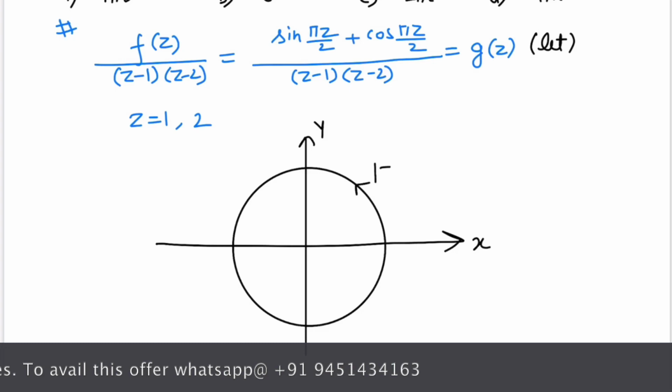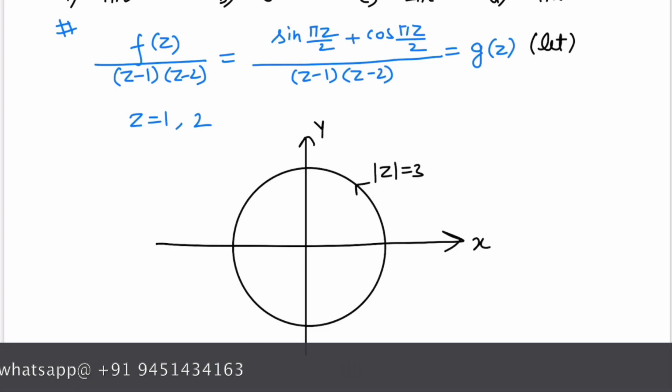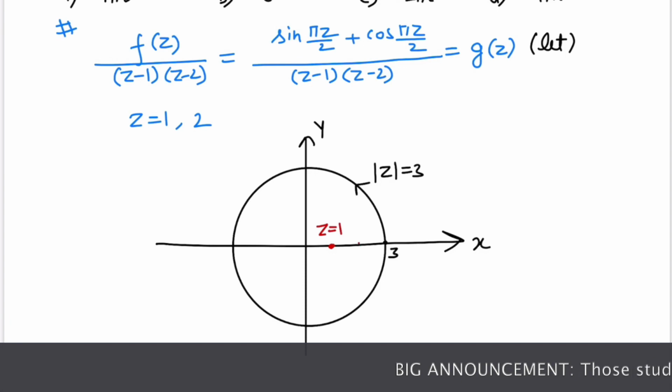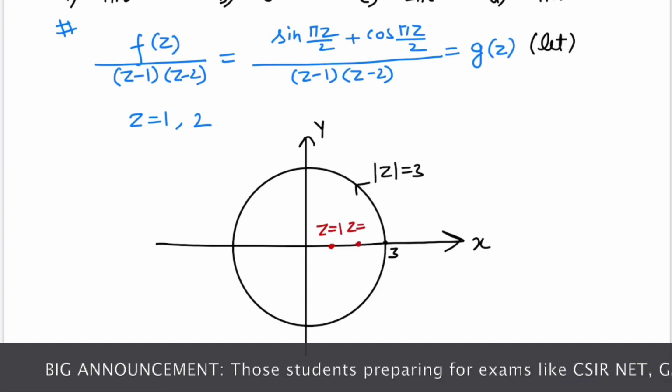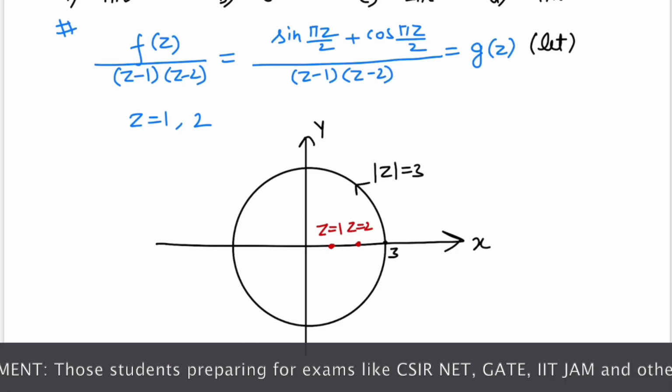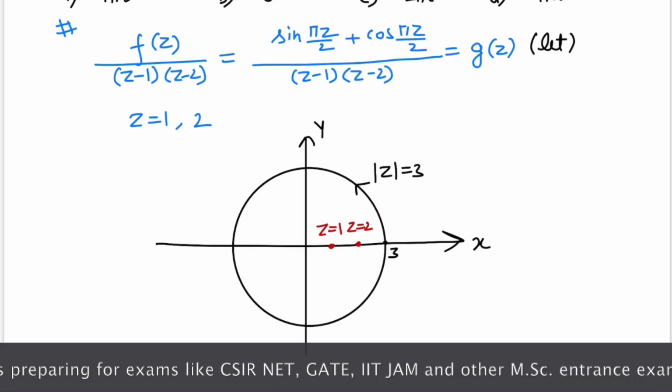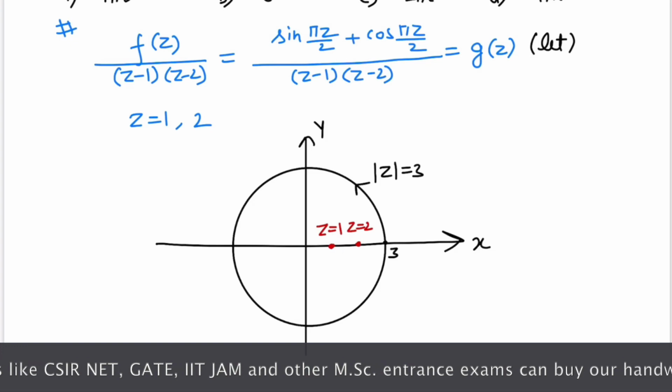This circle is modulus of z equals to 3. Okay. So this point is 3. Suppose this point is 1, so it will be z equals to 1, and suppose if this point is 2, then it will be z equals to 2. Okay. So we can see here these two singularities are lying inside the contour.